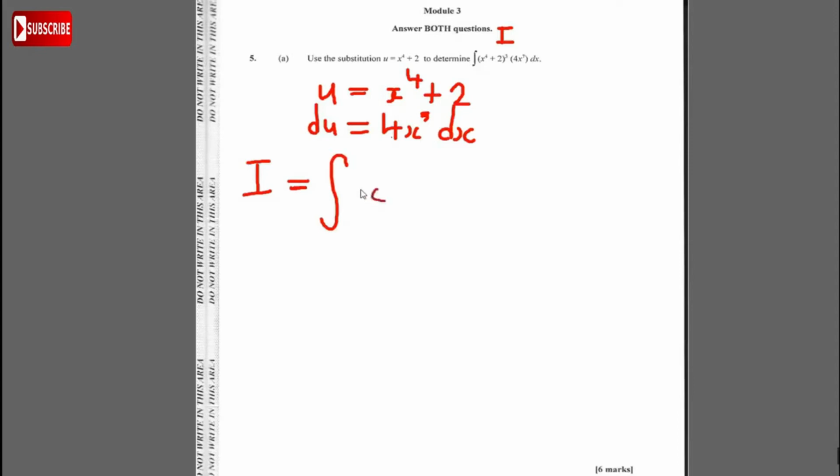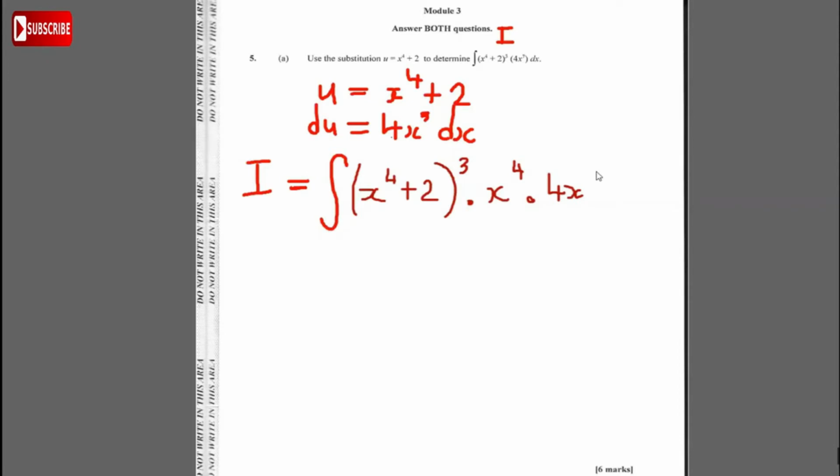So I'm going to rewrite it as the integral of x to the 4 plus 2, all cubed, times x to the 4, putting x to the 4 first, times 4x cubed dx.